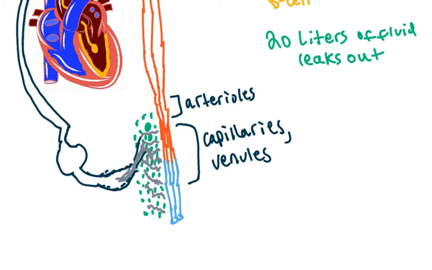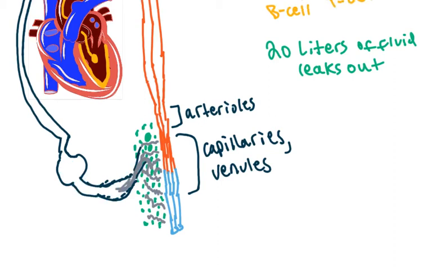However, thanks to our lymphatic system, 17 of those 20 liters enters back into circulation right here, near our venules, and then it goes back into our blood that way, but 3 of those liters becomes lymph. Now, 3 liters is a lot because remember, we have 5 liters of blood volume in our body.